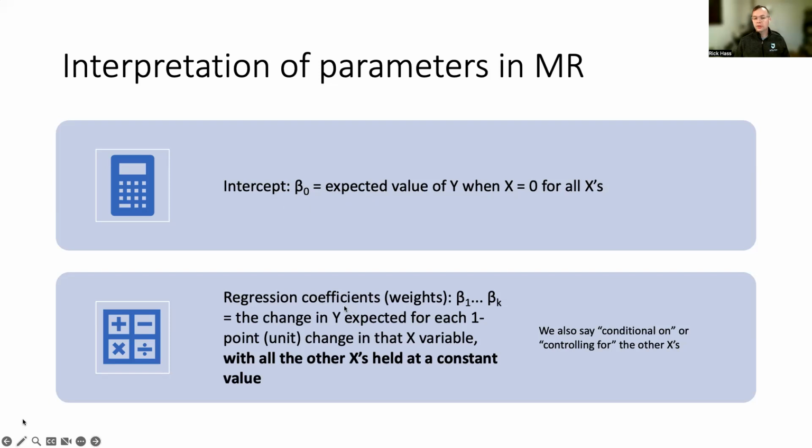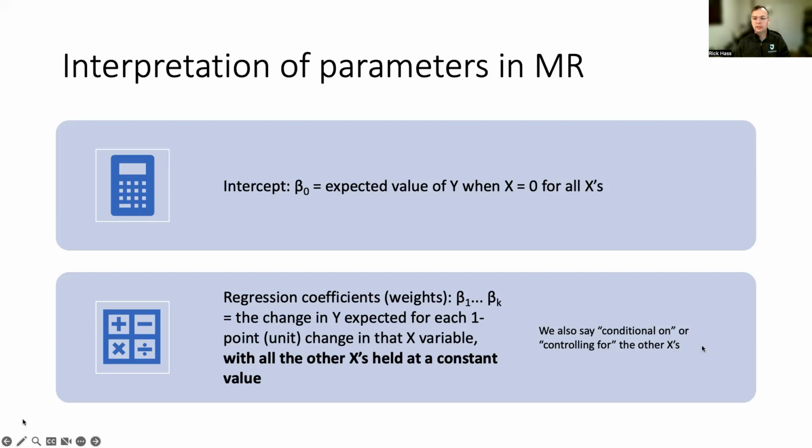The regression coefficients still represent a slope, right? Slope is a change in Y when X changes. So slopes in linear regression, the number is how much we would expect Y to change when X changes by 1 unit. But now we add this qualifying phrase that expected change is with all the other X's held at a constant value, right?